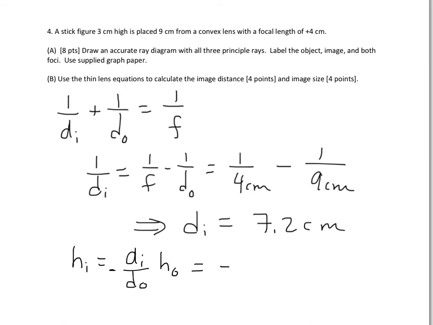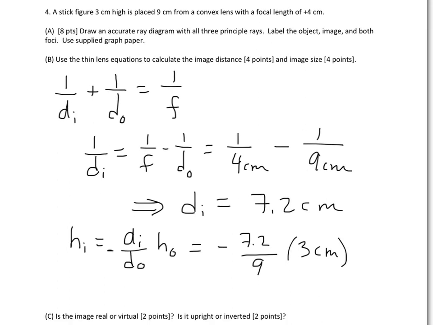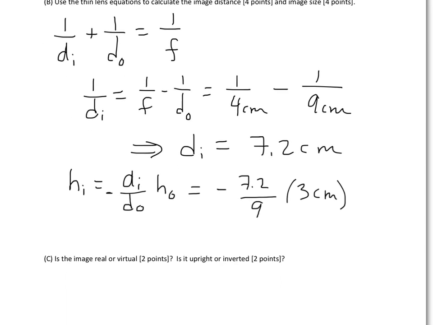So this is 7.2 over 9 times 3 centimeters, which is equal to 2.4 centimeters. Now the minus sign here is from that equation, so we know that the image is inverted. So the actual size here is 2.4 centimeters. It happens to be inverted. That's what the negative sign indicates.